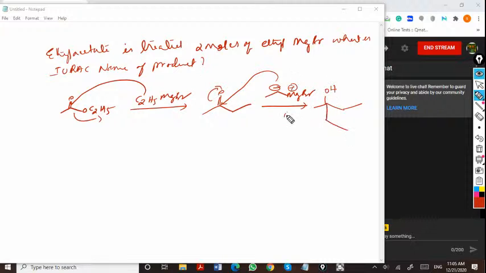Okay. So if I add water, so it is what? 3-methyl pentatriol. So this is what the IUPAC name of the product, 3-methyl pentatriol.